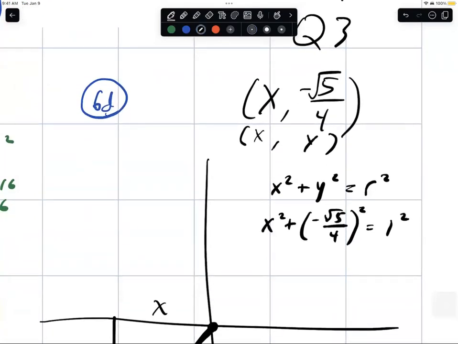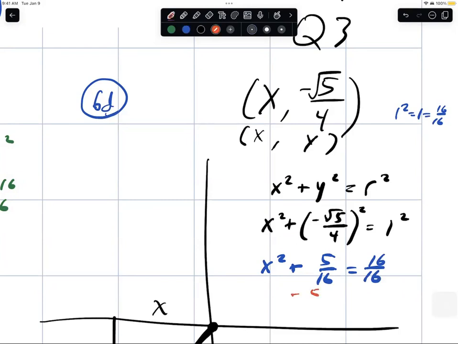Oops, I didn't square that. So we solve: x squared plus 5 over 16 equals 1 squared, which is 1, and we can write it as 16 over 16 to get a common denominator with the other fraction.